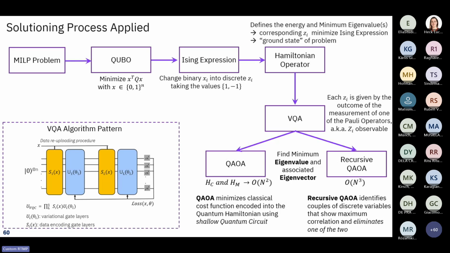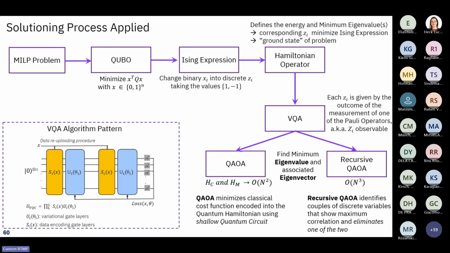QAOA is the quantum approximate optimization algorithm. It is based on the combination of two types of Hamiltonians, meaning that you find a minimum, but you try to avoid a local minimum. You want to find a global minimum by using the mixed Hamiltonian. And this is an approach that you don't only find in these types of optimization problems for the energy sector, but in all types of optimization challenges.